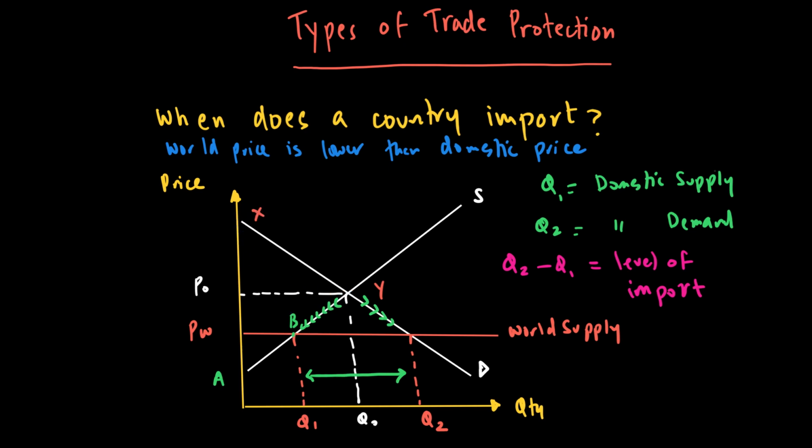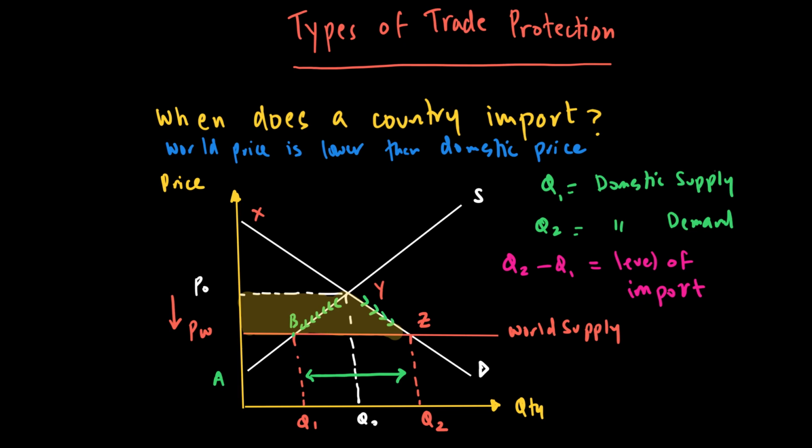But when the price went down to PW, consumer surplus went up to X, Z, PW, which means this area is all my rise in consumer surplus because the price has gone down. So we can see the benefit of trade happening here, where the consumer surplus has gone up and domestic producers who are not efficient are producing less.